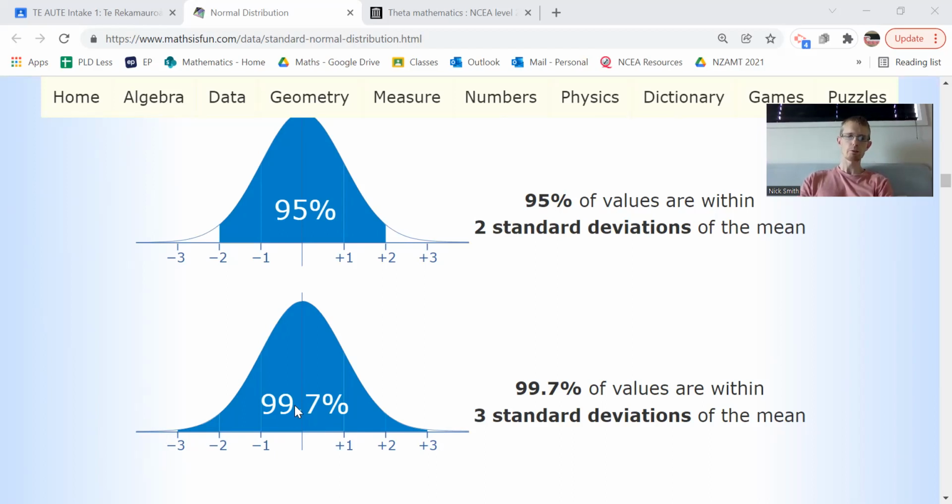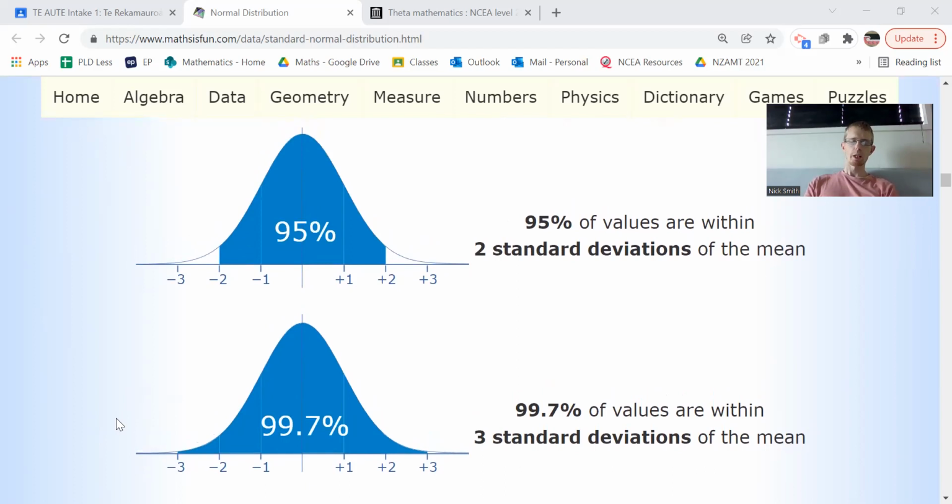So if you think about what's left, you've only got 0.3% left to get to 100. And that has to then be split up between this side and that side. So there's a very tiny proportion or percentage of people that would be in these areas out here going past 3 standard deviations.